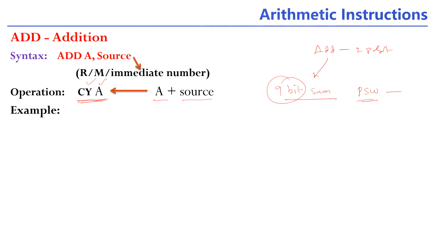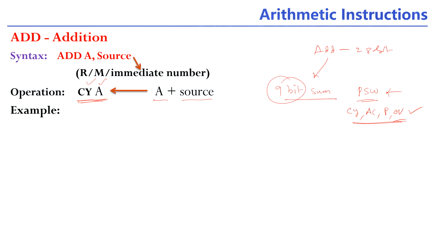Already you know that the PSW stores the status of the processor. That means it holds carry flag, auxiliary carry flag, parity flag, and overflow flag. These are the four flags which will indicate the status of the processor after execution of every arithmetic instruction.